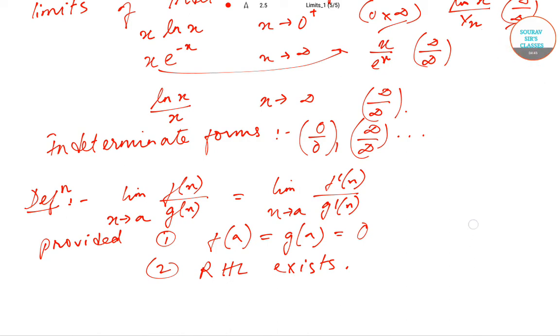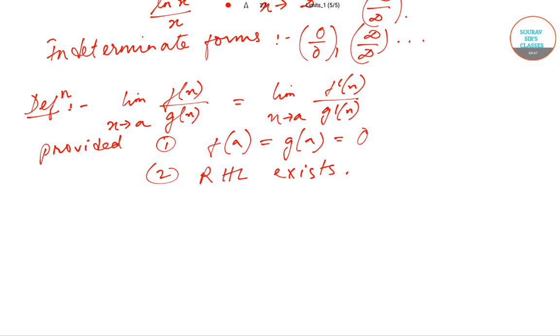Let us do some examples. Previously, in the earlier videos, we did an example, example 1: limit of x square minus 1 divided by x minus 1 as x tends to 1. If we put x equal to 1, we get 1 square minus 1, that is 0, and 1 minus 1, so this is of the format 0 by 0.